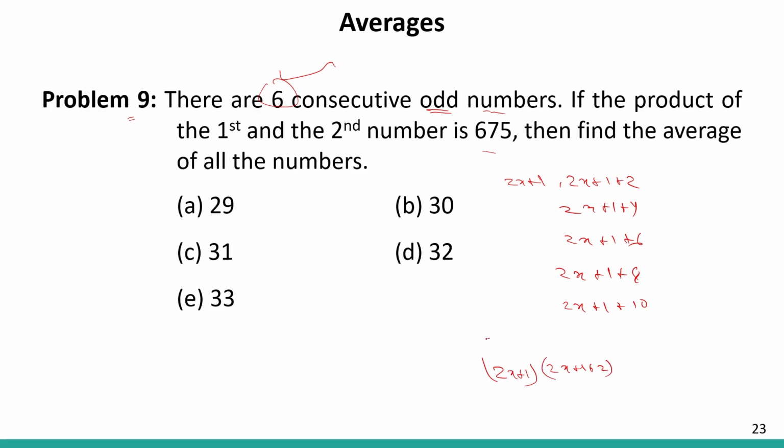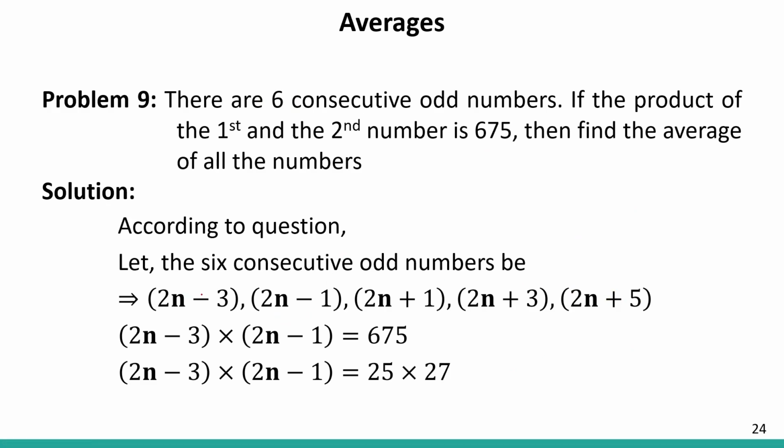Let 2x plus 1 be y. So it will be y into y plus 2. This is given as 675. So this implies that y square plus 2y minus 675 is equal to 0. So we can solve this quadratically. So let the 6 consecutive odd numbers be this.